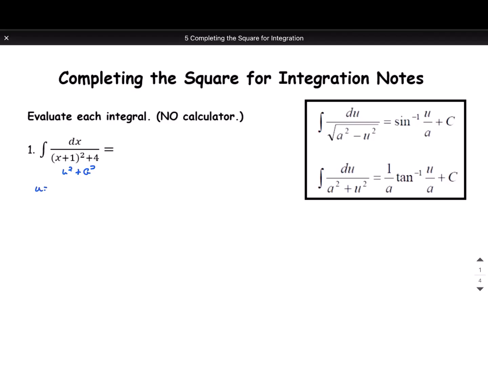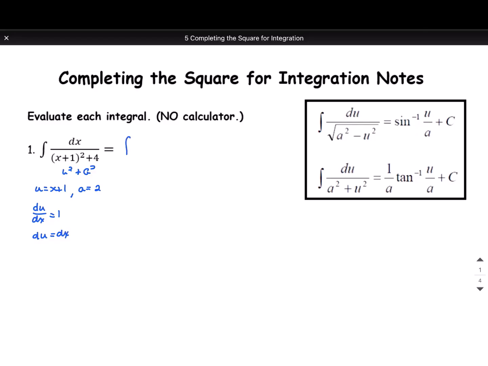That means our u is x plus 1, and our a is the square root of 4, which is 2. Now, if u is x plus 1, then du dx is 1, or du is just dx.